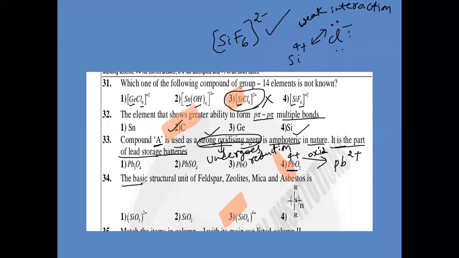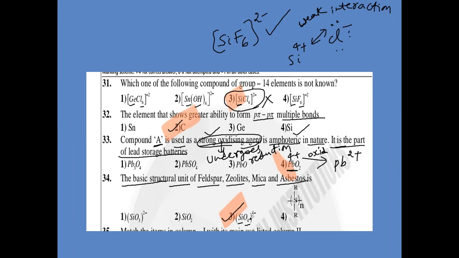Next, the basic structural unit of feldspar, zeolites, mica, asbestos. These are all silicates. What is the basic unit of these? SiO4 minus 4. In orthosilicates, no oxygen is shared.